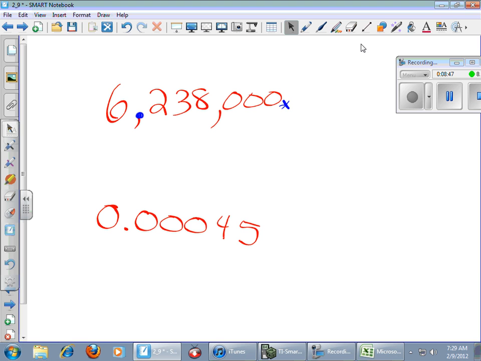Okay, and remember, our answer in scientific notation will always be greater than or equal to 1, but less than 10. Okay, and 6.238 would be less than 10. So, to get there, I'm going to count my Scoopies. 1, 2, 3, 4, 5, 6.